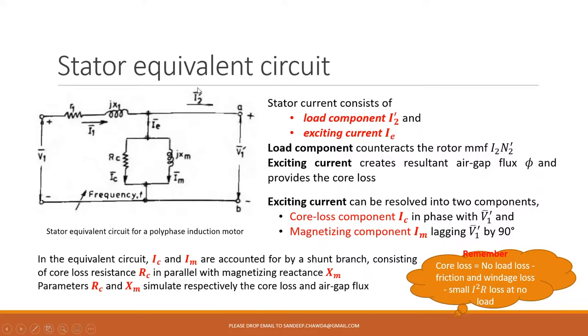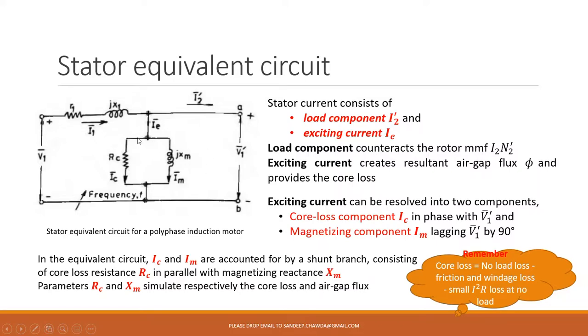After that, what we have shown here is the load component of the current, which will be supplied to the load, and the remaining current, which is called the exciting current. This exciting current is going to supply the core losses, and it is also going to supply the magnetizing current or magnetizing component.